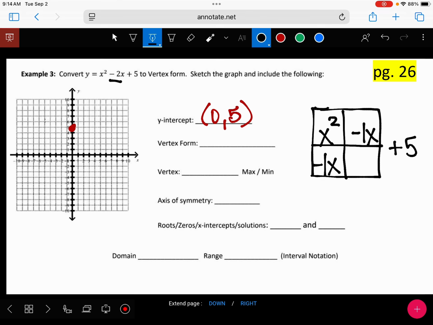All right, what is the number that will complete the square? 1. 1 times 1 is 1. So I'm going to put a +1 here and a -1 here.